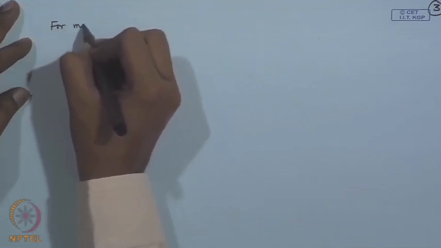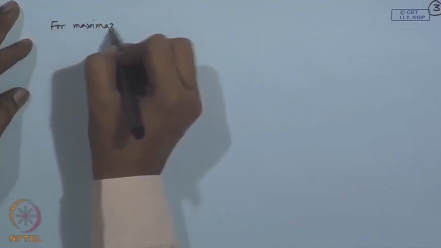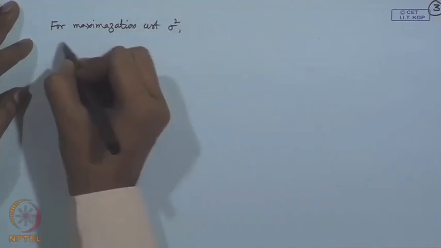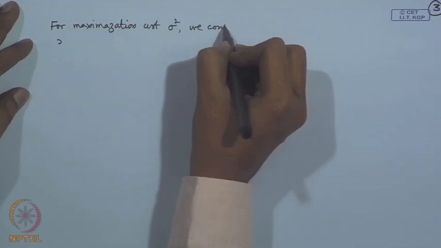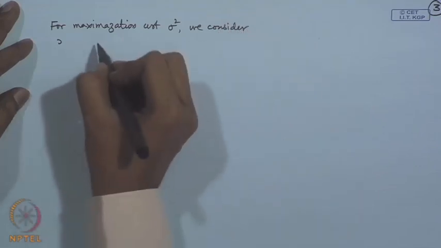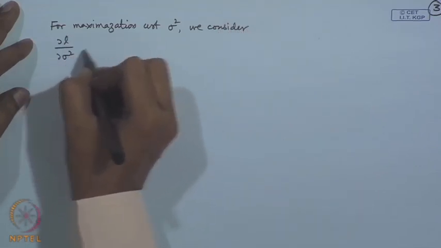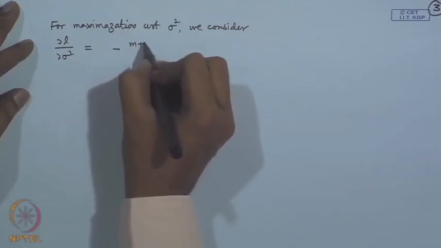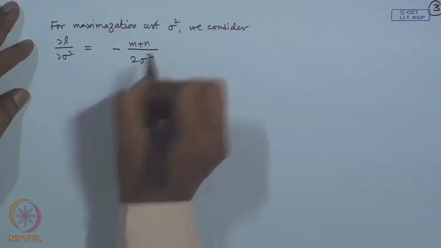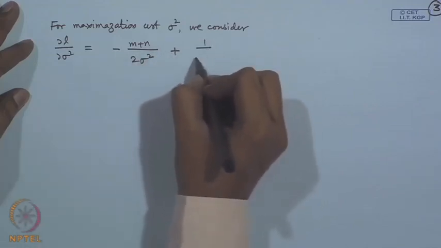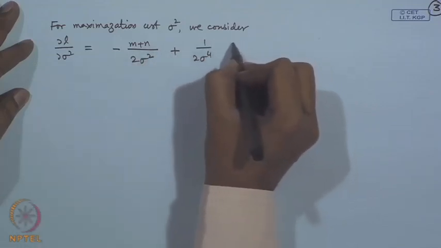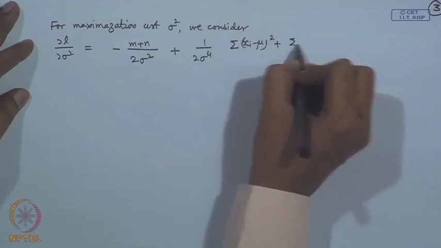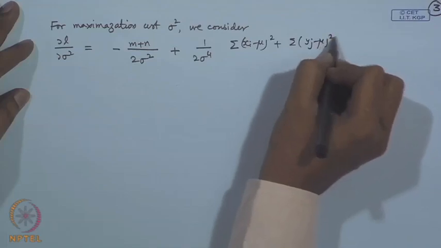For maximization with respect to sigma square, we consider del L by del sigma square, that is equal to minus (m plus n) by 2 sigma square plus 1 by 2 sigma to the power 4 times (sigma x i minus mu) square plus (sigma y j minus mu) square.